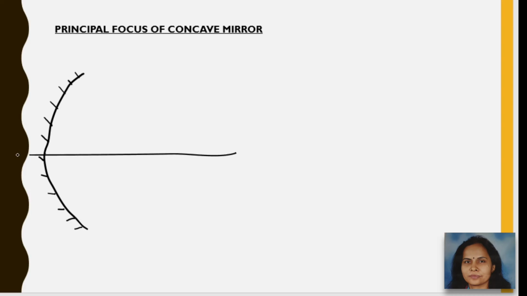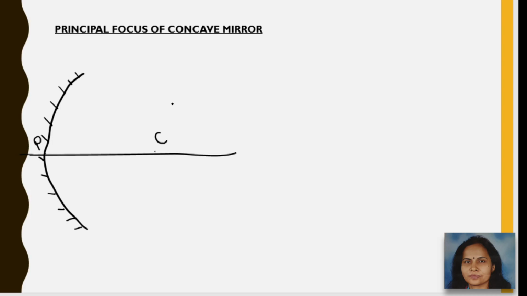Now this principal axis is an imaginary line which can be drawn backward as well. So I am drawing it in the backward direction as well. The center of the reflecting surface, this point, is known as the pole, and this point, let it be C. This point is the center of curvature, right?